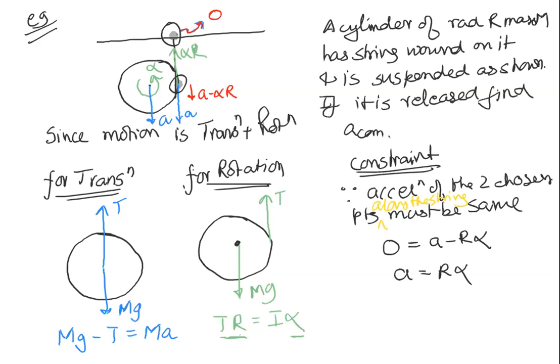Is this understood by everyone? Now you may say that A is equal to R alpha has come again, so why are we taking so much pains? Well, A is equal to R alpha is not a universal relation. This is not coming from the rotation of a rigid body, where we derived a relation that tangential acceleration is equal to R alpha.